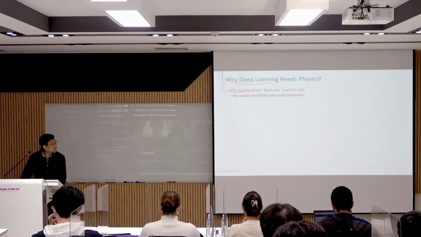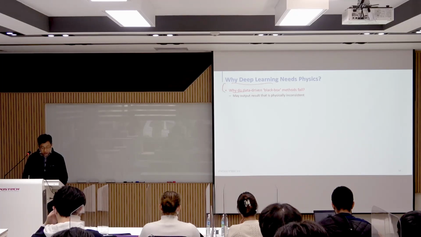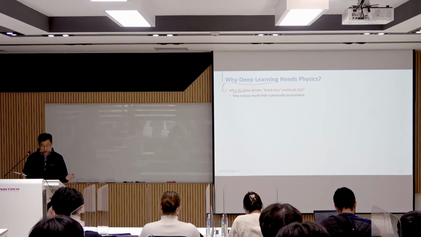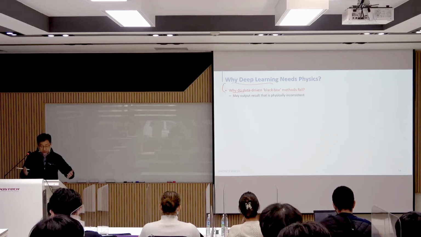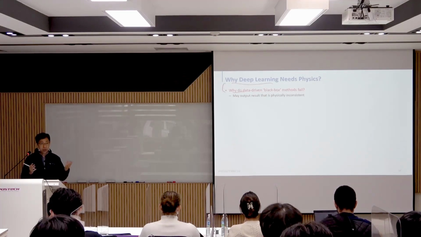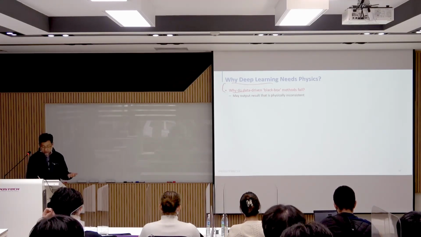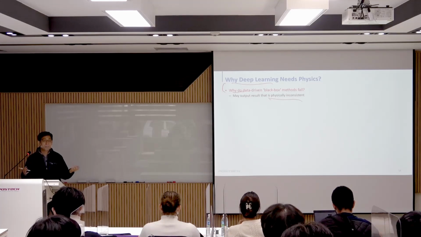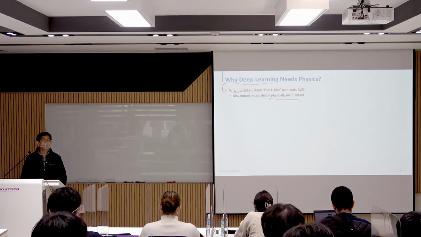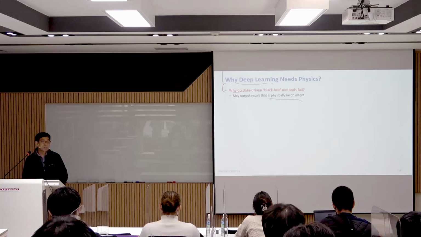There are a lot of different ways of saying this. The first one is that the output result looks okay, but is physically inconsistent. It doesn't have to be consistent, right?